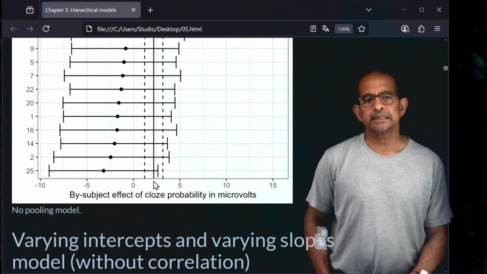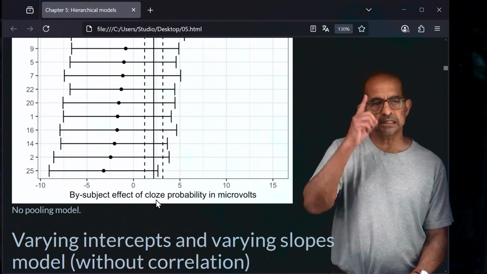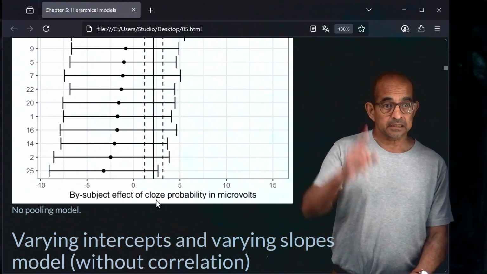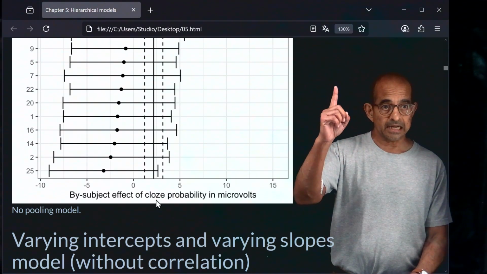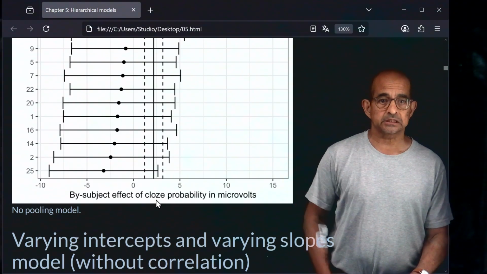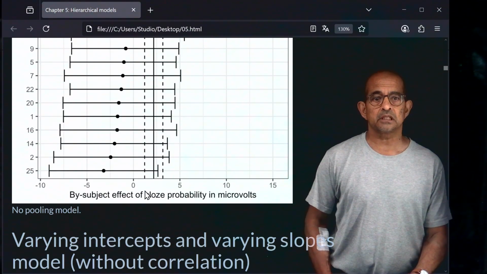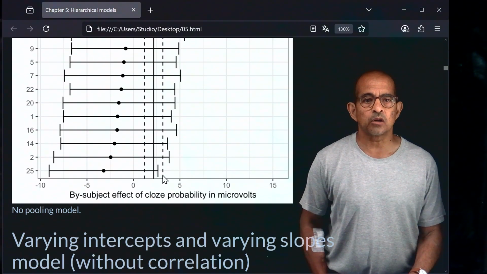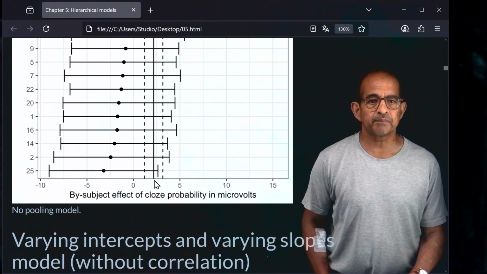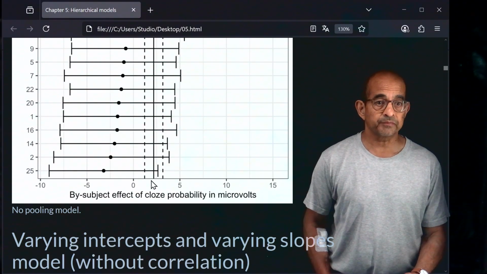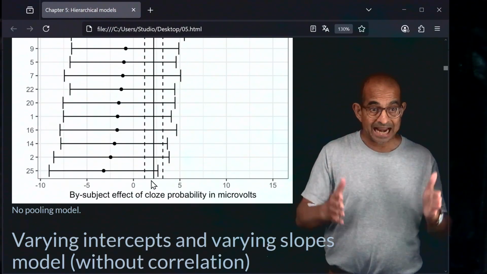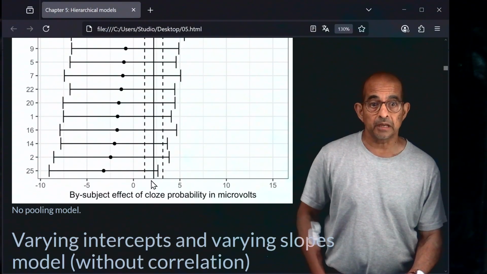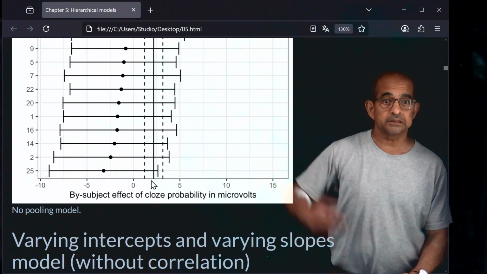This black line is representing the overall effect that we estimated as the grand mean in the fixed effects model that I first fit at the very start of this lecture, with a 95% credible interval around that grand mean. The broken vertical lines are the 95% credible interval over the grand mean slope, the beta parameter over all the participants.